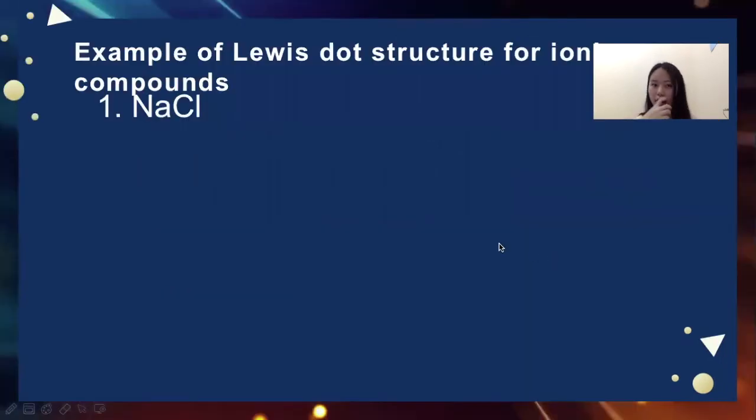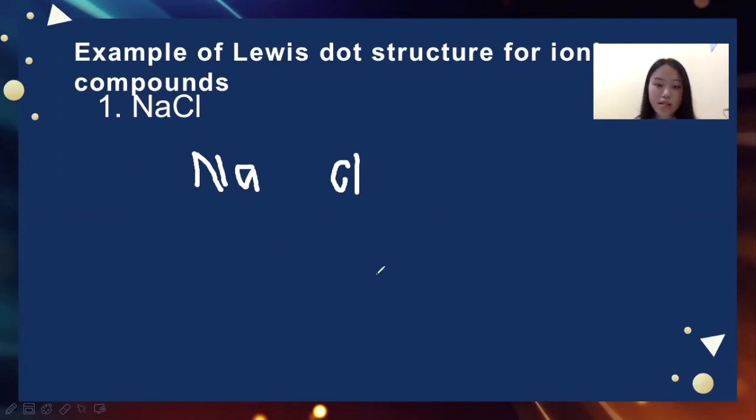So here is an example of Lewis dot structure for ionic compounds. First, let's separate the 2 elements, Na and Cl. Next we need to figure out how many valence electrons each of these elements has.